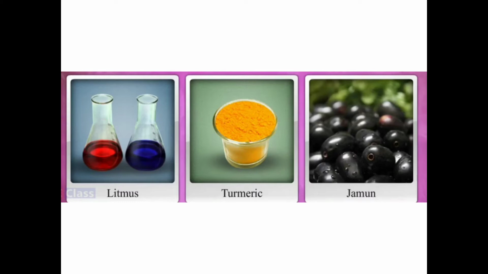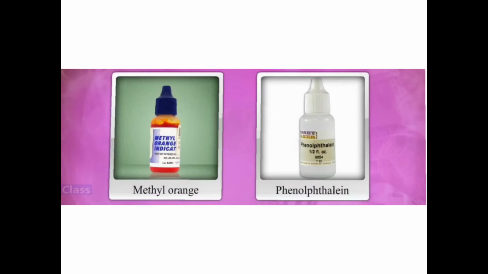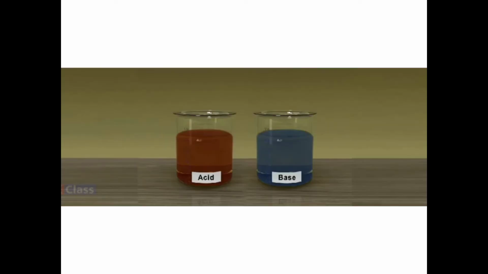Right? So litmus, you get it from the plant. Turmeric is also readily available. Jamun. Then these are the synthetic ones, methyl orange and phenolphthalein. Methyl orange is orange in color. Phenolphthalein is colorless. Okay.